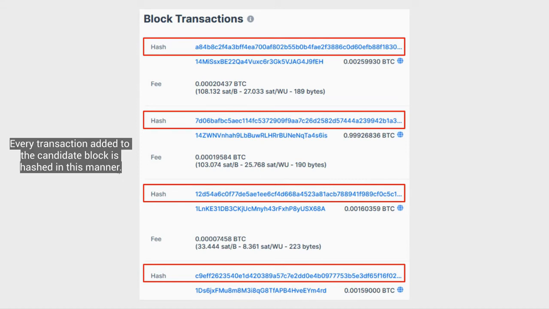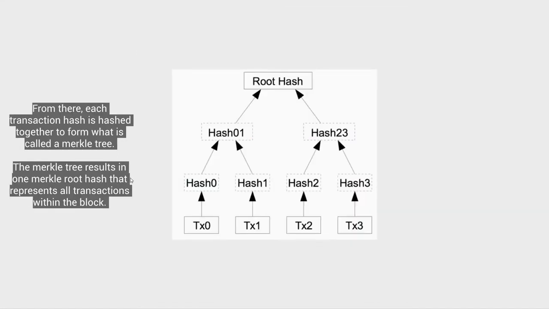Every single transaction that is added to the candidate block is hashed in this manner. From there, each transaction hash is hashed together to form what is called a Merkle tree. The Merkle tree results in one Merkle root hash that represents all the transactions within the block.